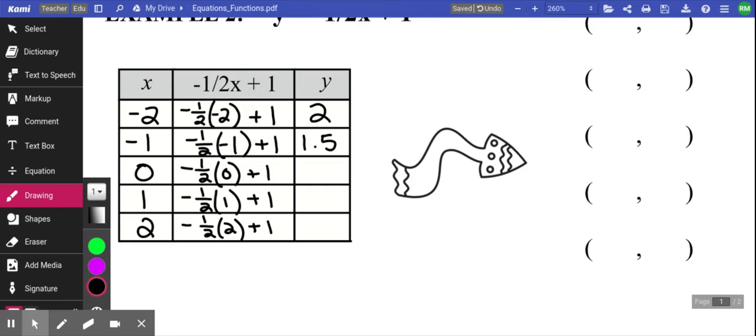Yeah, but I would write the negatives out. Wait, is that wrong? The last one? So, what's half of 2?